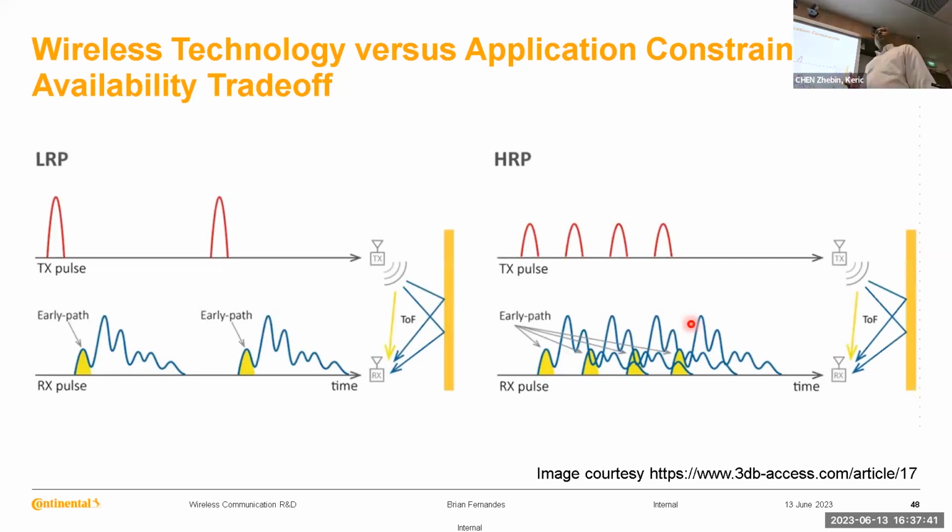Another important trade-off when applying wireless communication on the vehicle is the availability of the technology. So different technologies define different pulse rates. In this case, I've taken the example of ultra-wideband low rate pulse and ultra-wideband high rate pulse. In terms of accuracy of positioning, they both have pretty good positioning accuracy, but due to the longer interval between pulses in LRP, you would have better availability with the HRP standard.